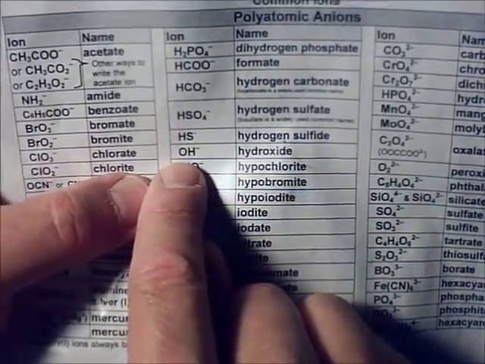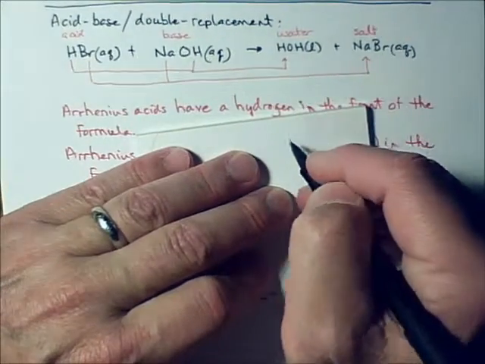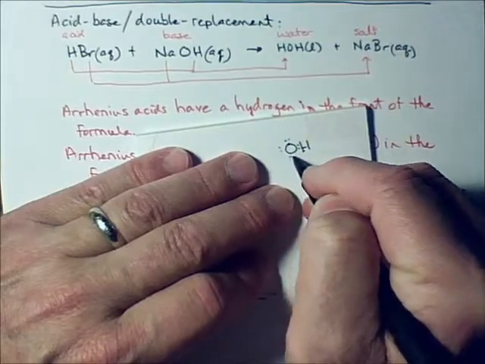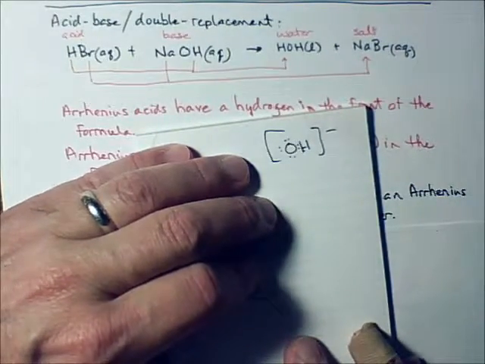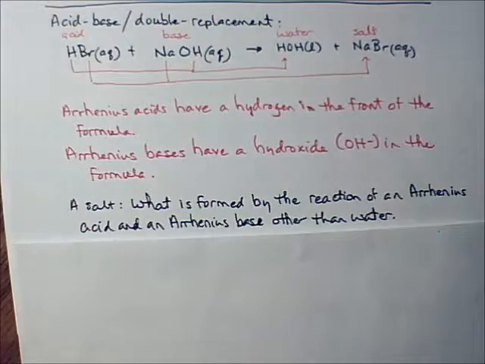Here's hydroxide right here. OH negative. What you're talking about is when we do our Lewis dot formulas, this is a bracket and a negative charge outside of it. And that's true if we're showing the electrons. Okay?